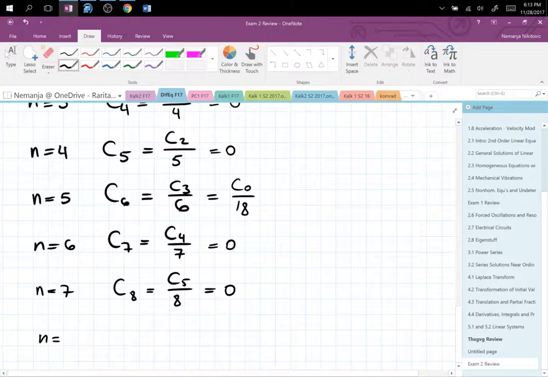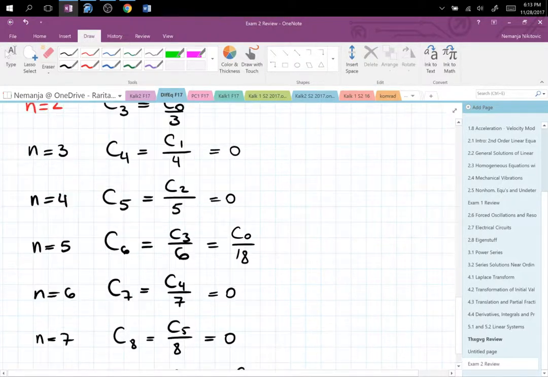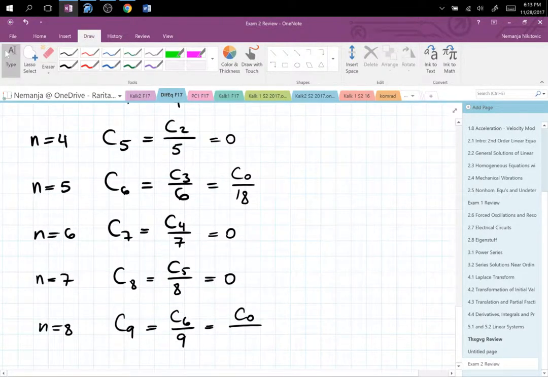Now n equals 8 is C9, which is C6 over 9. Now C6 survived, so that's C0, and I'm going to actually write this as 3 times 6 times 9.